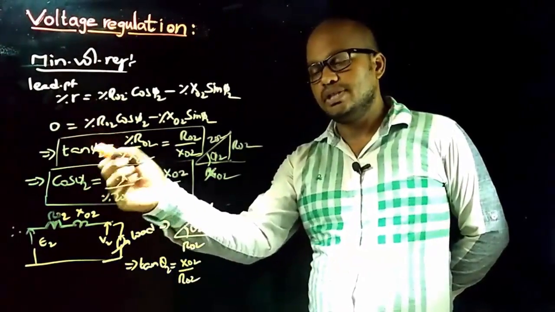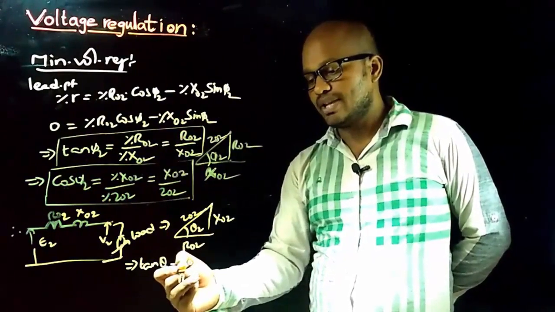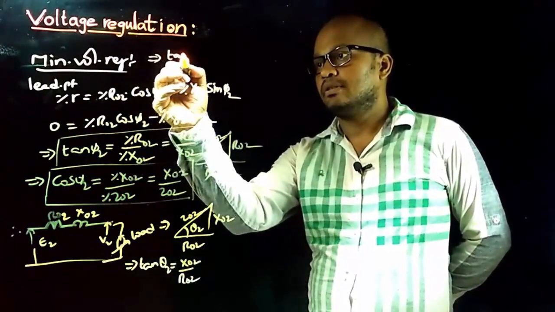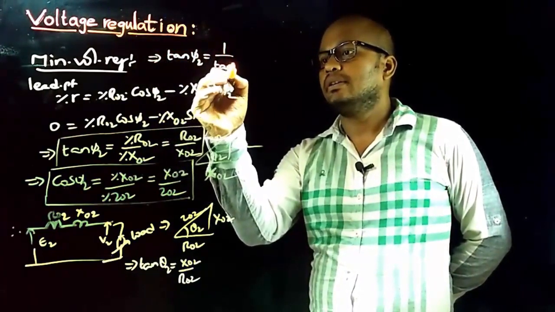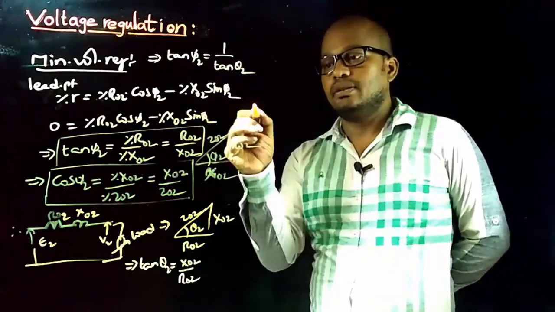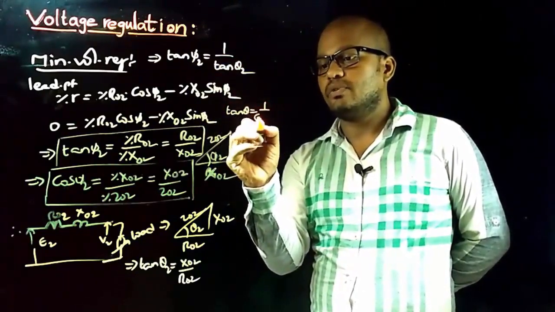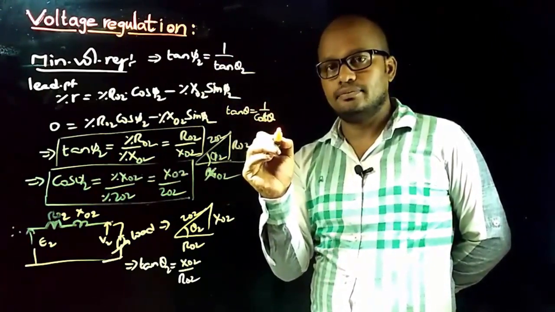Tan phi 2 is equal to R02 by X02, but tan theta 2 is equal to X02 by R02, which implies tan phi 2 is equal to 1 by tan theta 2, and we know that 1 by tan theta is cot theta.